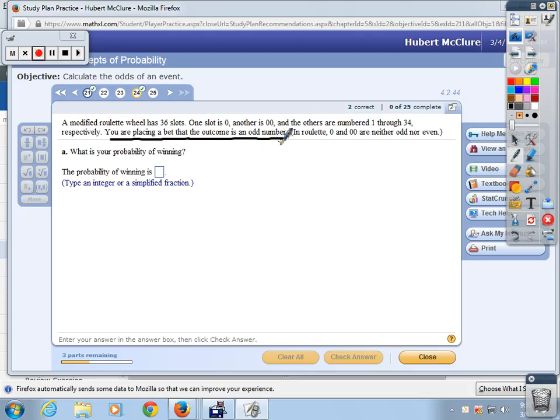Odd number. So success is going to be the probability of an odd number. And the probability of an odd number is going to be 17 over 36. Now that much is pretty straightforward. 17 over 36.